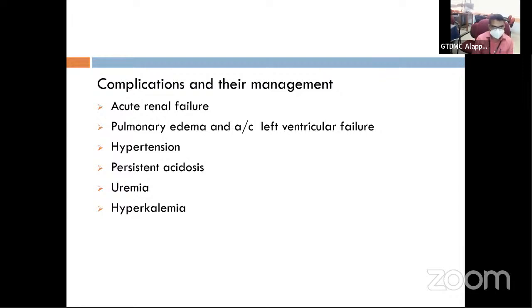ACE inhibitors like captopril and enalapril are actually contraindicated because they produce hyperkalemia. Hyperkalemia is itself a complication of PSGN. So we usually don't give ACE inhibitors, enalapril and captopril, for the management of hypertension.